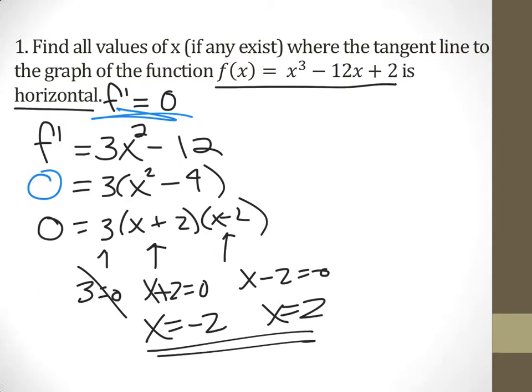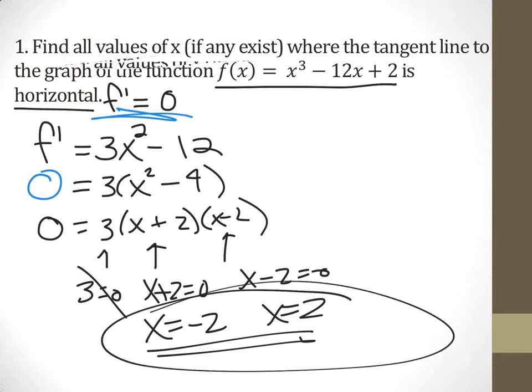So you have two x values. But they're asking you for the values of x, and it's not asking you for points. So that means we're actually done. And that's the solution. There are horizontal tangent lines here.